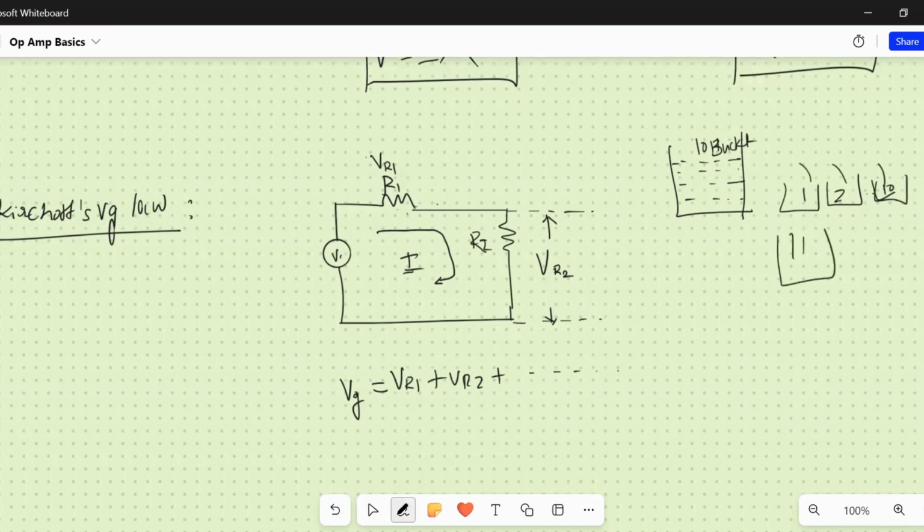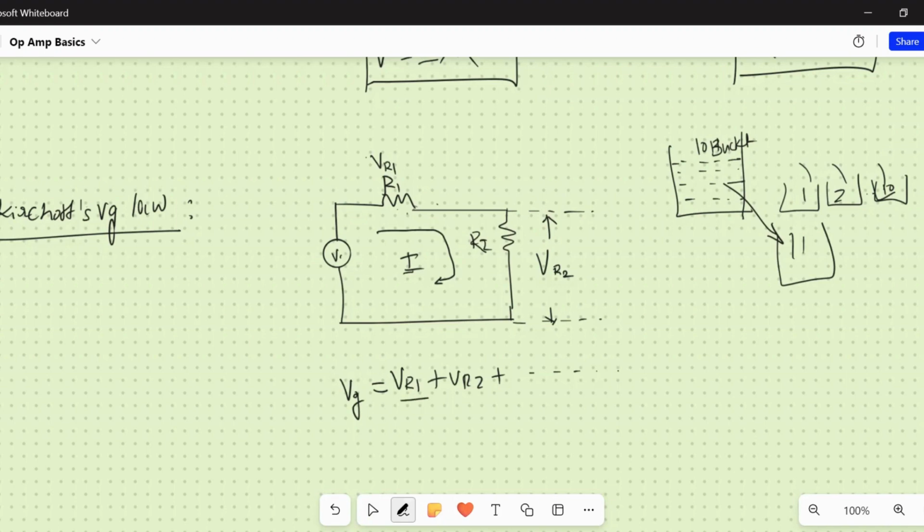If you put an 11th bucket, it cannot provide for it, right? So the voltage source is similarly a limited and finite source of voltage.